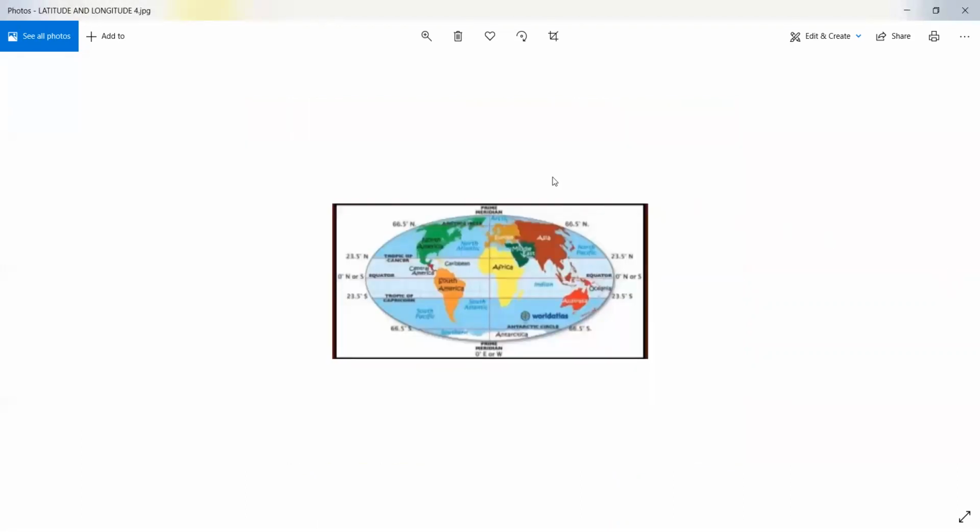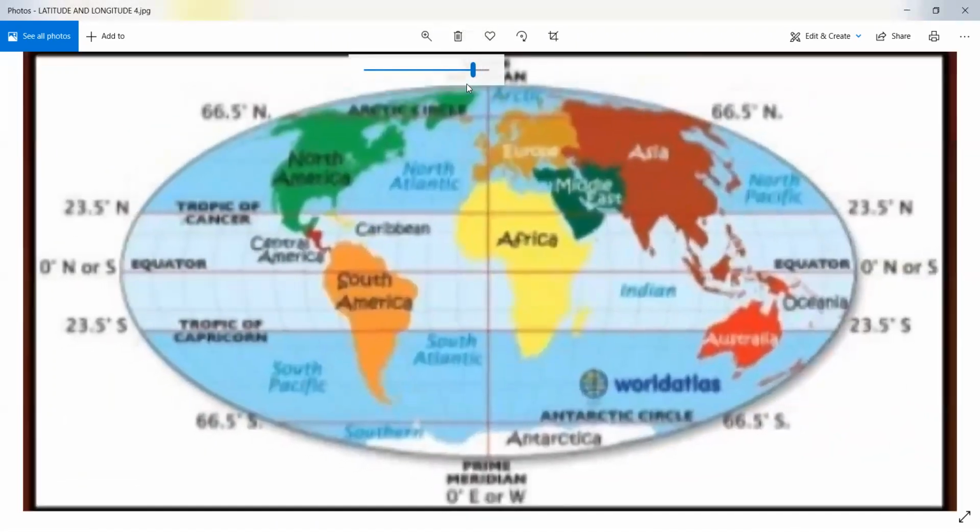Now, here is a picture of a globe. So this is the Earth, and here you can see 0 degree refers to the equator, and 23.5 degrees north is the Tropic of Cancer. 66.5 degrees north is the Arctic Circle, while 23.5 degrees south is the Tropic of Capricorn, and 66.5 degrees south is the Antarctic Circle, and 0 degrees east or west refers to the prime meridian.